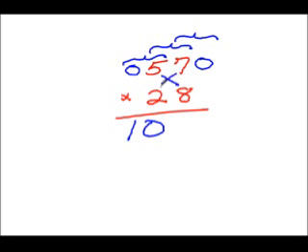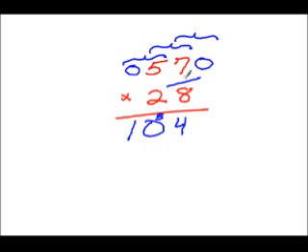I'm then going to move on to my next number pair, which is 5, 7, and do my cross multiplication once again. I'll have 2 times 7 and 5 times 8. 5 times 8 is 40, plus 2 times 7, which is 14. 40 and 14 is 54. So I'll put down my 5 as my carry and my 4. Then move on to my final number pair here, which is 70.